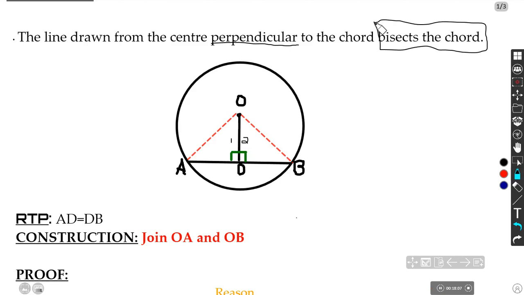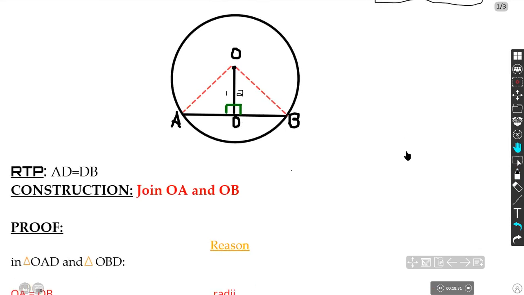Does it actually cut it into two? I don't know if I'm making sense. Yeah? So we're checking. We are proving. Because in maths, you can't just make a rule without proving it, right? So here we are just proving it. How did they get that it bisects the chord? So this is the step that we're actually doing.